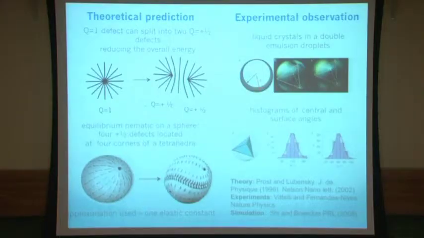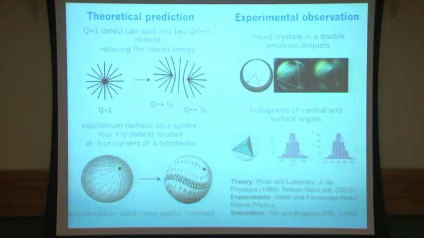Okay, so if you have these defects in equilibrium, you can have a defect of charge 1, and I can take this and split it into two 1/2s, right? And this costs me no energy. I mean, you might even gain some energy, right?